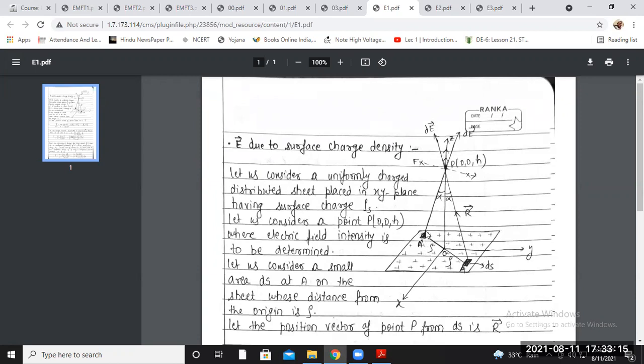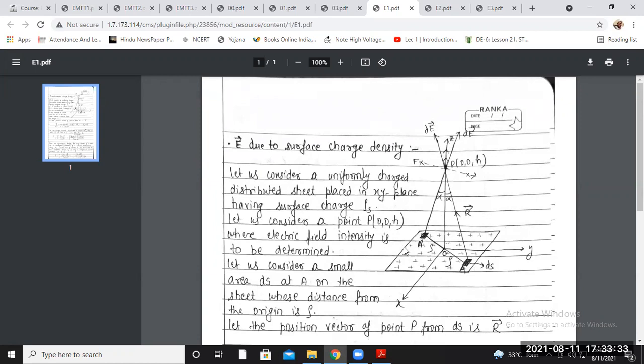So let us say this is your table. The table has the three-coordinate system: this is your z axis, this is your x axis, and this is your y axis. So this is your surface, and the surface has only positive charges. We have not taken negative charges. We have taken only positive charges placed along this surface.